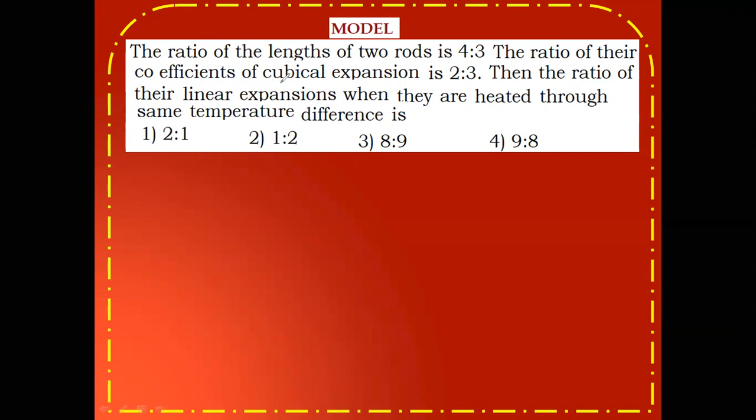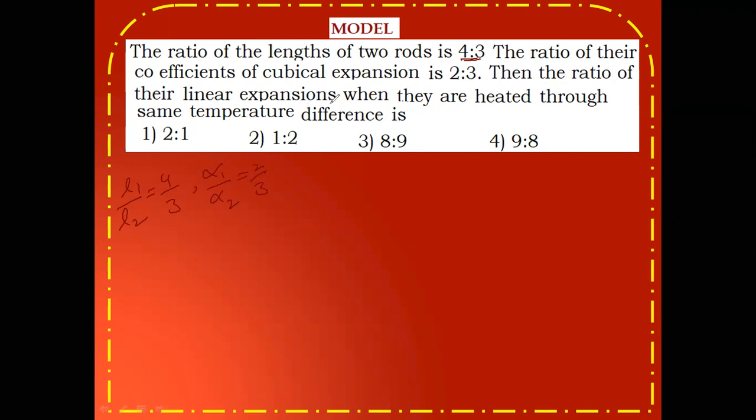See here, the ratio of the lengths of the two rods is 4:3. So the ratio of lengths is 4 upon 3. The ratio of the coefficient of cubical expansion. Cubical expansion or linear expansion, both are the same only, so no problem with that.